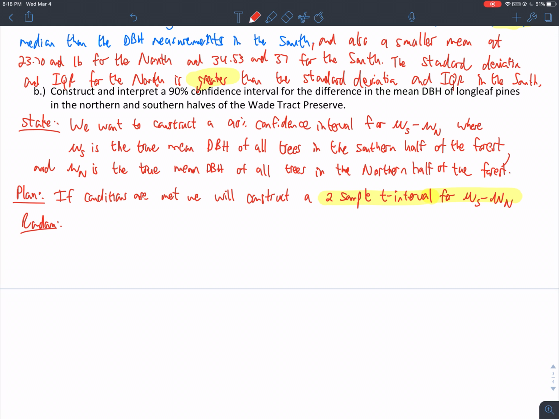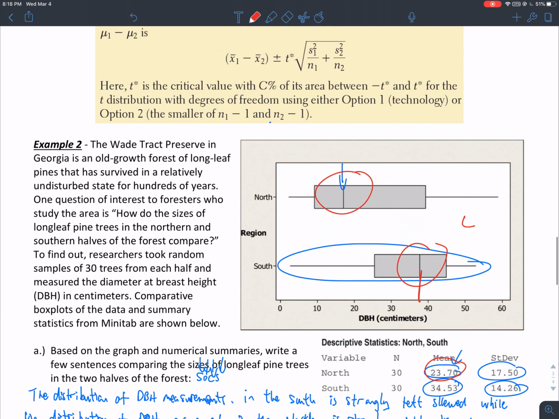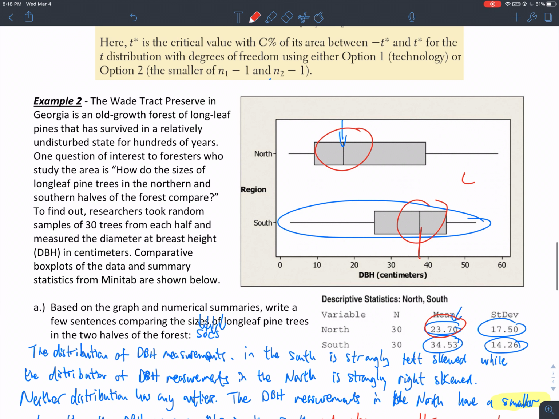Random. Okay, so what do we have? Researchers took random samples of 30 trees from each half.